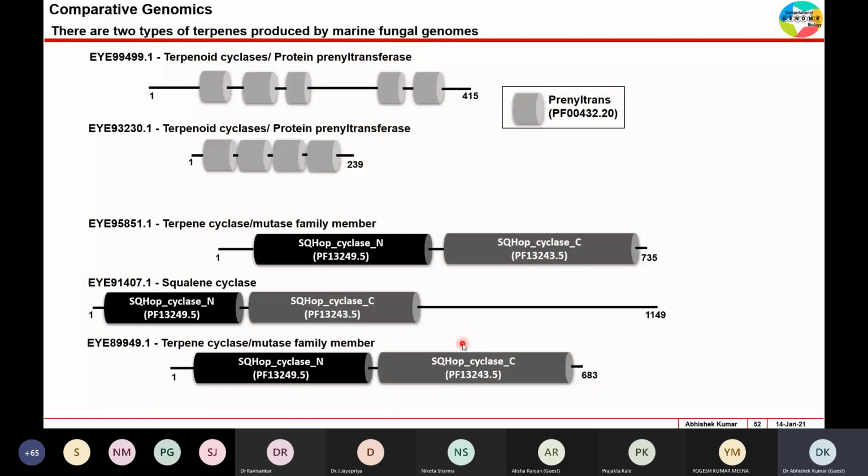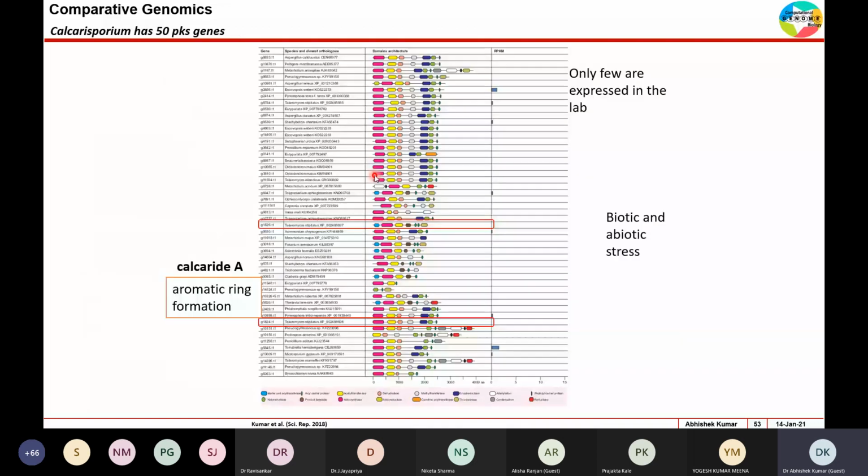By comparative studies, we identified that they can be terpene cyclases or terpene sesquiterpene synthases. Either they carry these domains or these two domains, grouping into two different types of terpenes produced by different fungi, by just using domain analysis in several fungi and their terpenes.